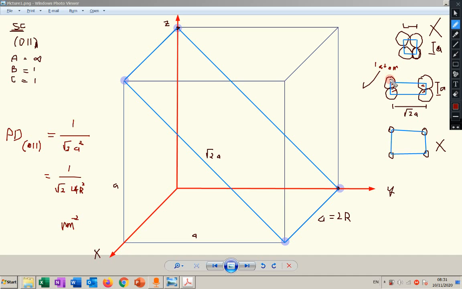And we calculated the number of atoms based on the atoms within the plane: the corners will be a quarter here, a quarter, a quarter, a quarter. Then the area will be side times side, and we have to represent it with respect to R, the radius of the atoms.